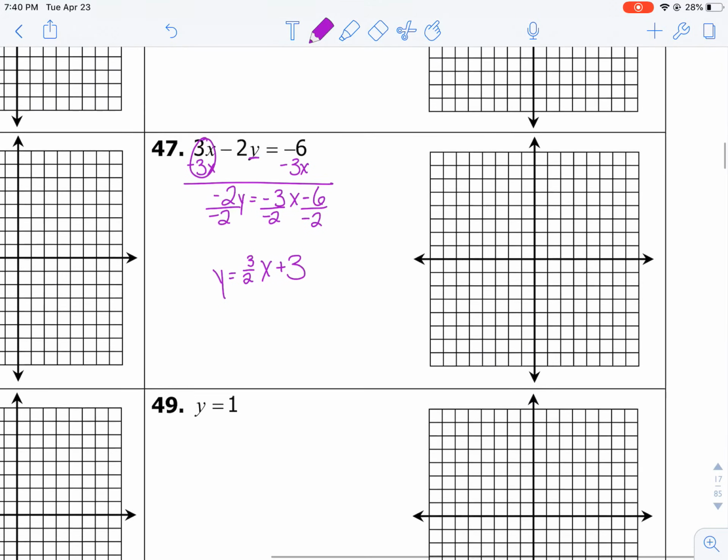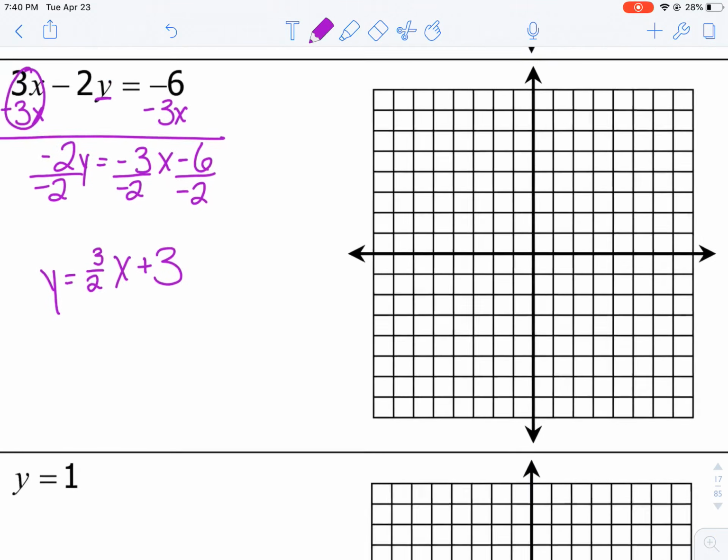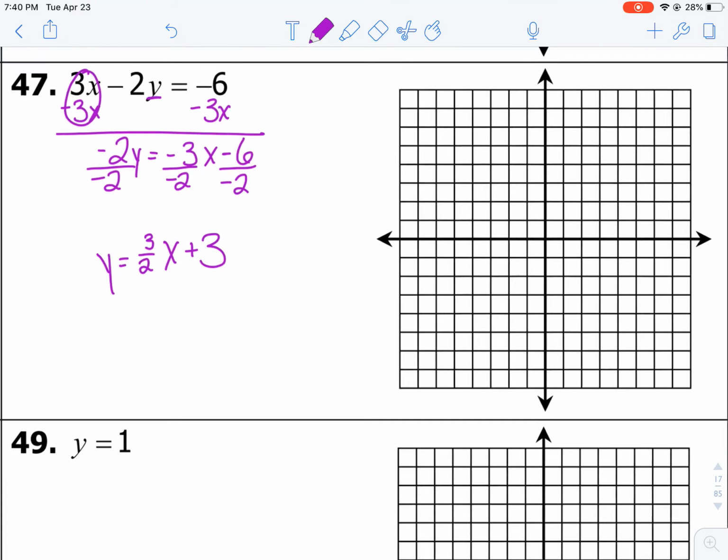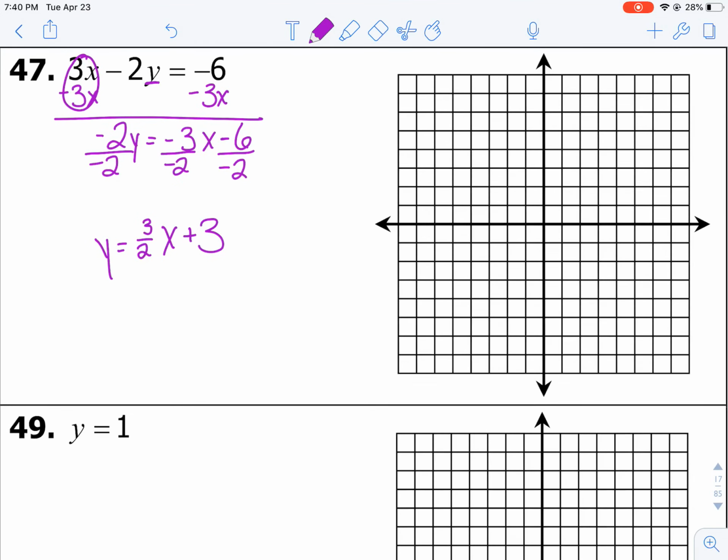When we graph, the very first thing that we do, let's see if I can move the screen without making us all sick, we're going to graph that y-intercept at a positive 3. This right here is my first dot. And then I'm going to use that slope, that rise, and my run.